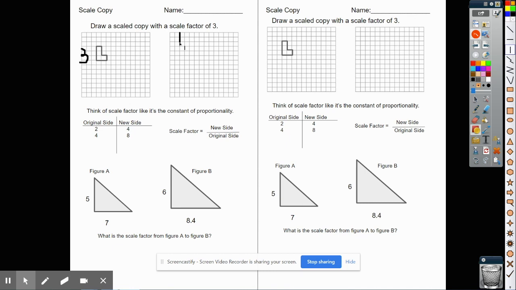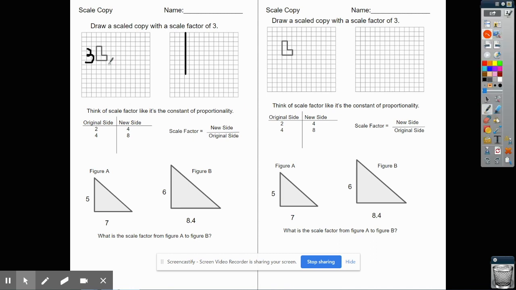I'm going to go 1, 2, 3, 4, 5, 6, 7, 8, 9. All right, so it's 9 long. Good, I counted correctly. Now I want to look at the bottom, and I'm going to say it is 2.